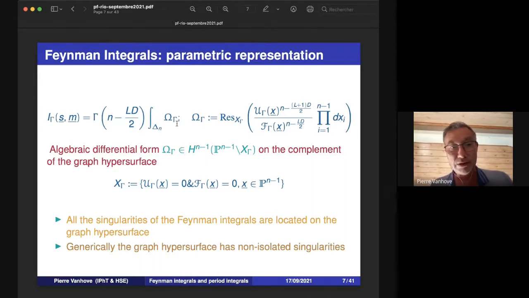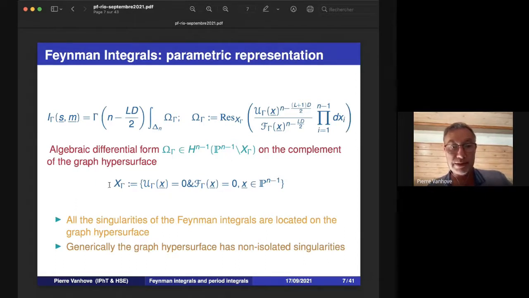The same integral can be written as a residue of this object on the locus where this polynomial vanishes, and possibly the vanishing locus of the other one as well. If you choose the exponents well, maybe this one doesn't appear or that one doesn't appear. But generally both polynomials come into the game in understanding the nature of the Feynman integral.